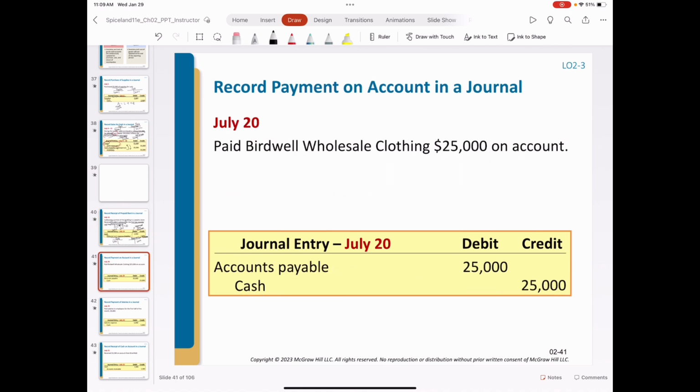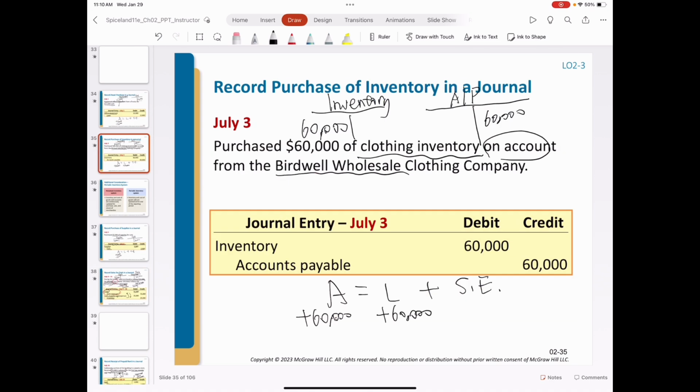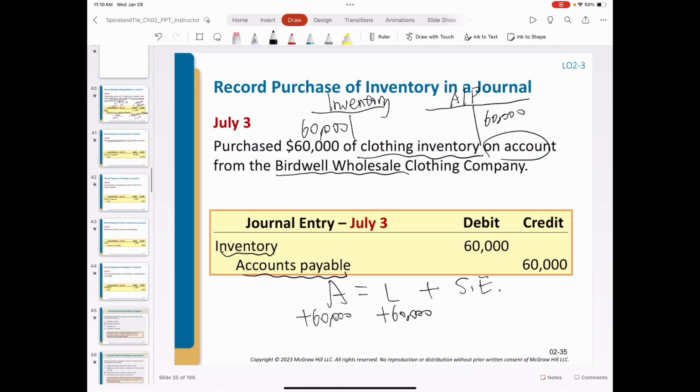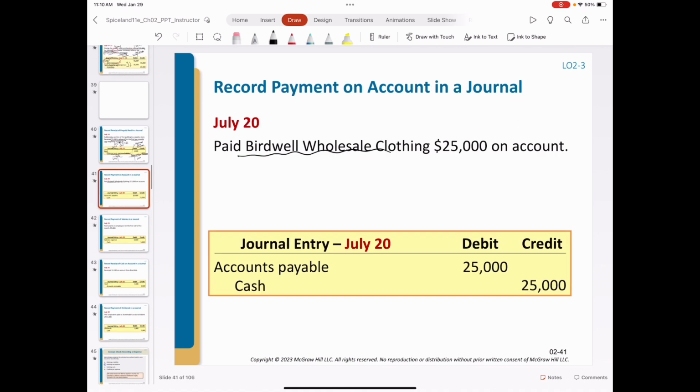On July 20th, the company paid the supplier $25,000 on account. So this is a payment meant for the purchase on account on July 3. On July 3rd, the company debited inventory while crediting accounts payable $6,000. On July 20th, the company paid part of the balance to this supplier.